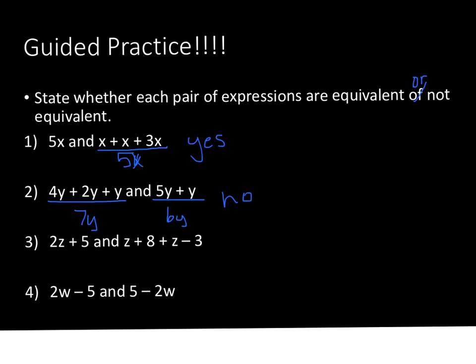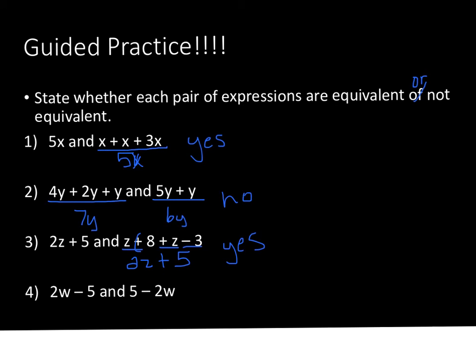All right, number 3, I have 2z plus 5, and I have z plus 8 plus z minus 3. So I'm going to go ahead and do z plus z and make that 2z plus 8 minus 3, and 8 minus 3 is 5, and so yes, these are equivalent.